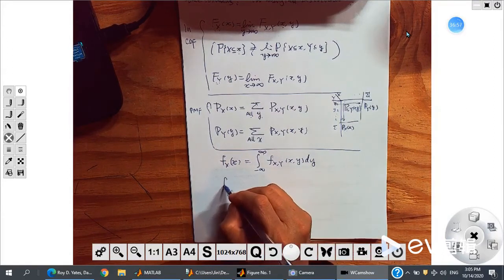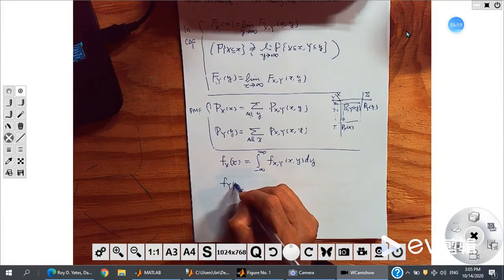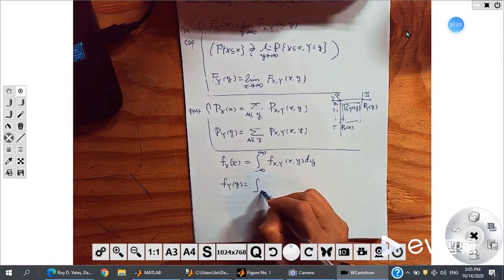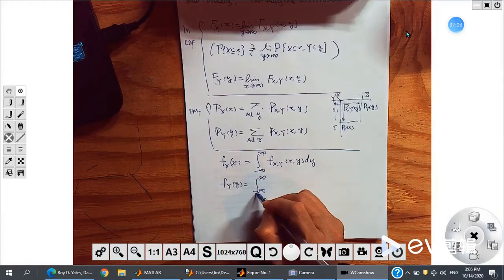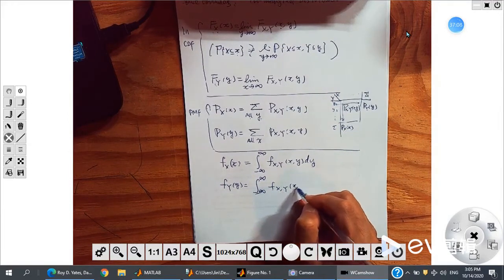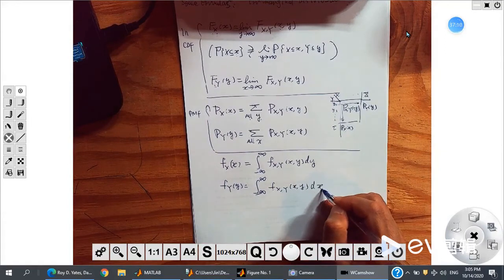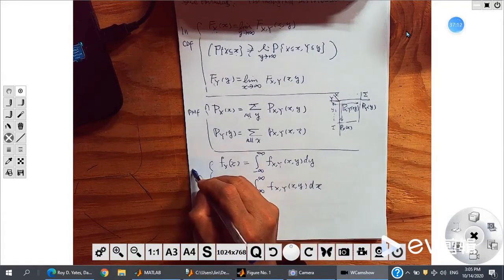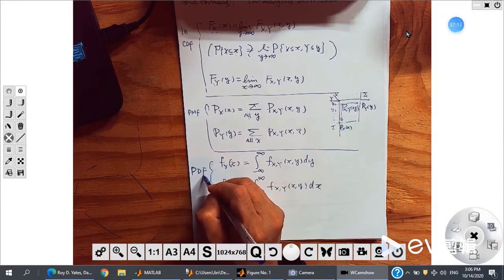And similarly, we have fy of y. There will be an integral from negative to positive infinity of f of x and y, now it's dx. Okay, this is for the CDF, the PDF, probability density function. All right.